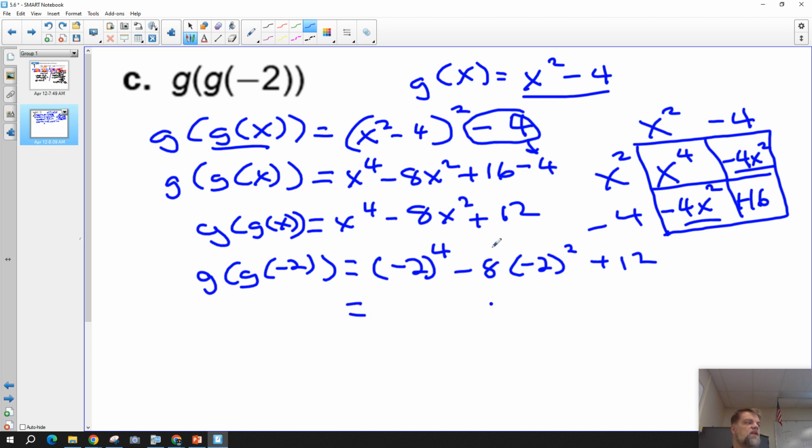Negative 2 to the 4th is 16, and the negatives, because it's an even power, will become positive. So this is just positive 16. Minus 8 times negative 2 squared, which is still a positive 4. So we'll deal with that in a second.